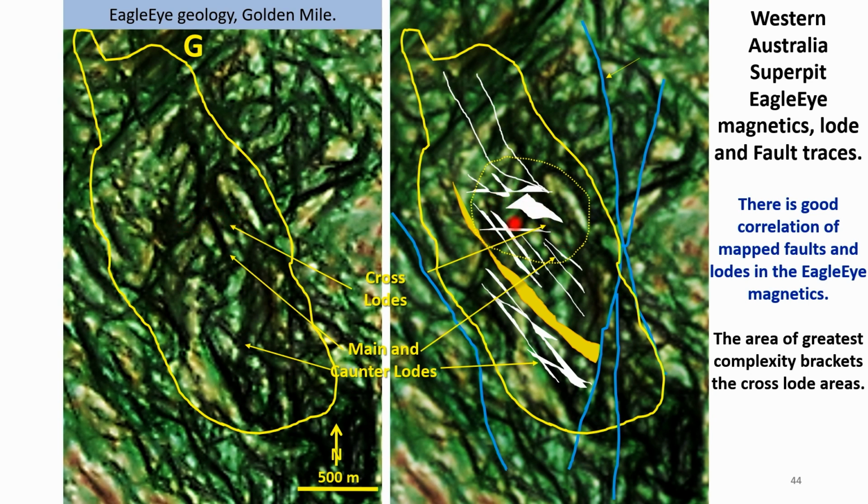That's what they actually are like. B-lode, I think that one is. The main lodes sitting up in this direction, that's exactly the direction they sit. And the contour lodes sit in there, which is exactly the direction they sit. So I would say better than good correlation of the map faults and lodes in the eagle-eye magnetics. I mean, they're exactly where they should be, not just an approximation.